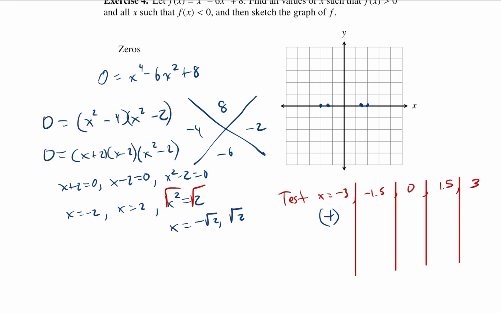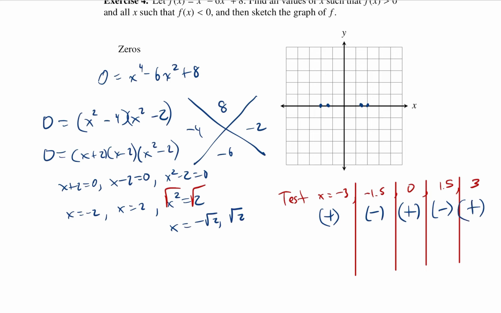So negative times a positive is a negative. For 0, I always plug it into the original. That's going to be +8, so that's positive. For 1.5, it's going to be the same as this one. It's going to be negative, because when you square a negative, it's going to be the same result as squaring a positive. And similarly, this one's going to have the same result as that one. So it's going to be positive.